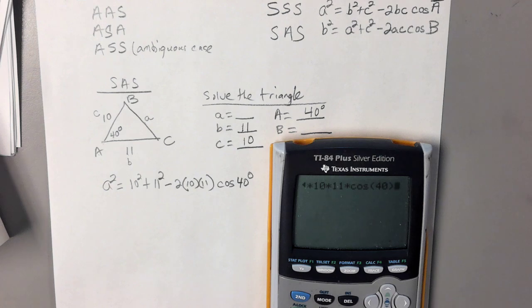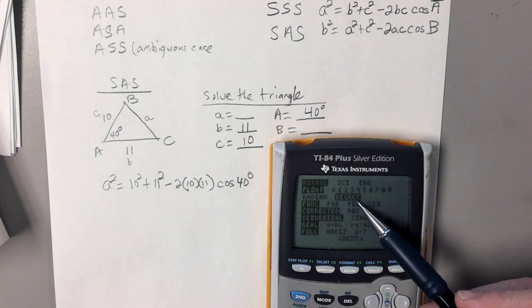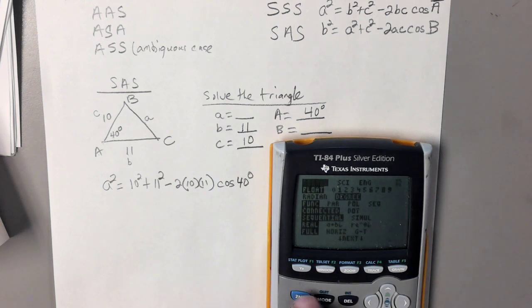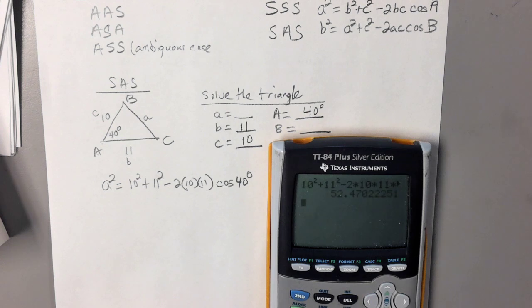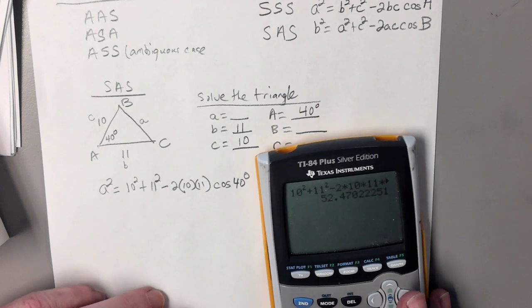Now, one thing you want to make sure you do is check what mode you're in. I'm in degree mode, so I can go ahead and calculate that. And that's what a squared equals.